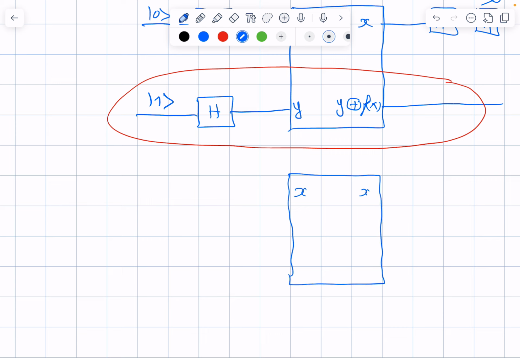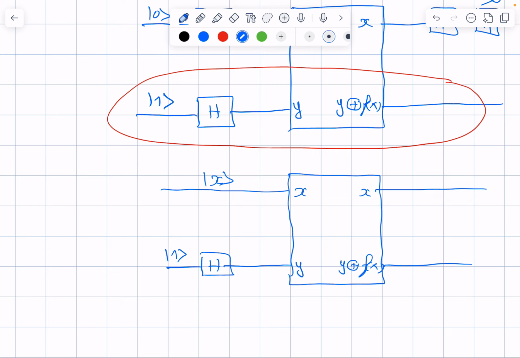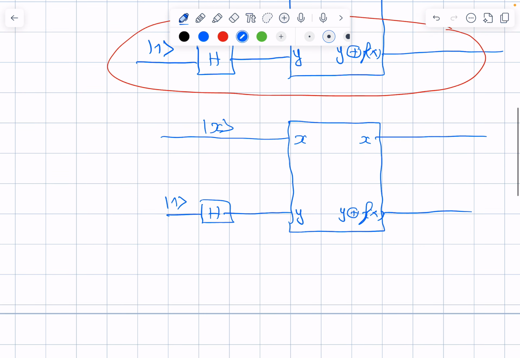Here x, here y XOR f of x, and here we have the H, which works on the 1. Let's see the effect of the lower part. We call this section section 1, and this section section 2.